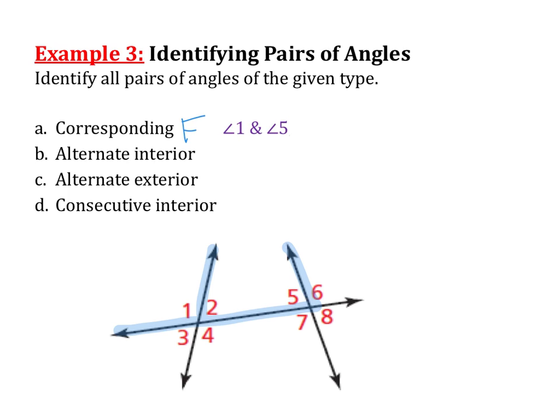Next, we can highlight angles 2 and 6 to make an F. Next, I can highlight 3 and 7 to make an F. And our final pair are 4 and 8.